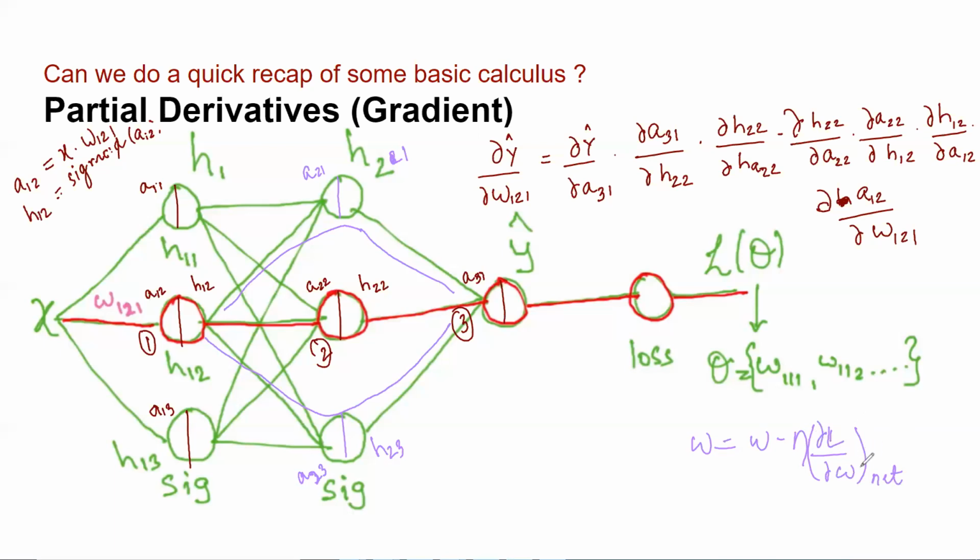I'll multiply that quantity with my eta. Eta is nothing but the learning rate, something we provide from our end. It can be anything. Typically, the value of eta is 0.01. We multiply with eta, and then we subtract the resultant value from this w. Here, in case of w, we have w121, and that will be counted as one update.